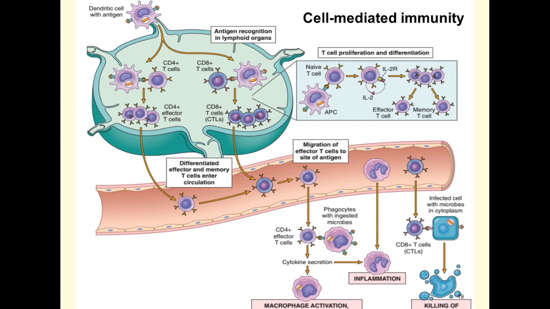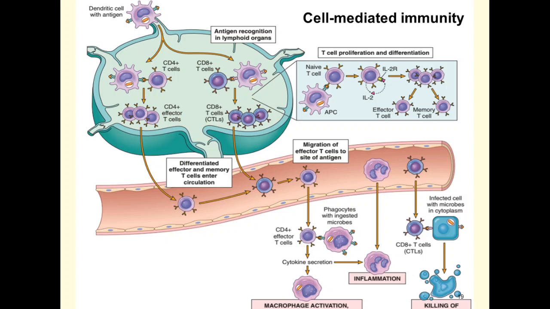For example, CD4 effector T cells of the Th1 subset recognize the antigens of microbes ingested by phagocytes and activate the phagocytes to kill the microbes. Other subsets enhance leukocyte recruitment and stimulate different types of immune responses.